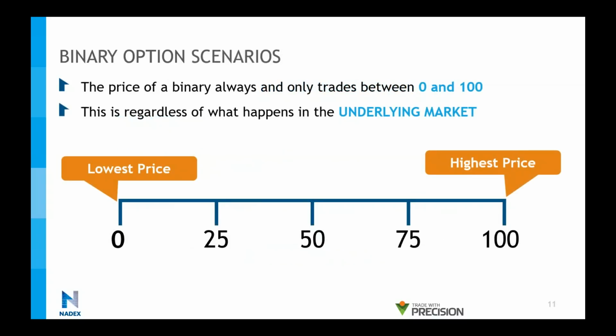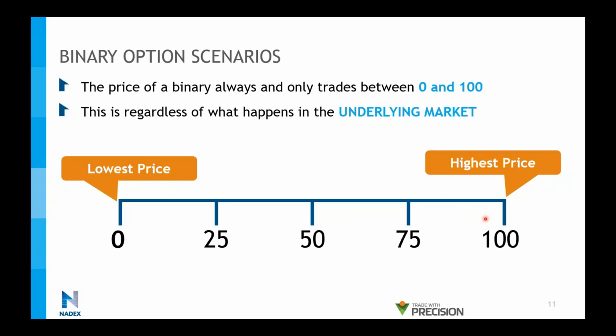Let's have a look at that. Let me grab once again my fancy laser pointer here. We have our lowest price of 0 and we have our highest price of 100. And the price until expiry is always within that range.